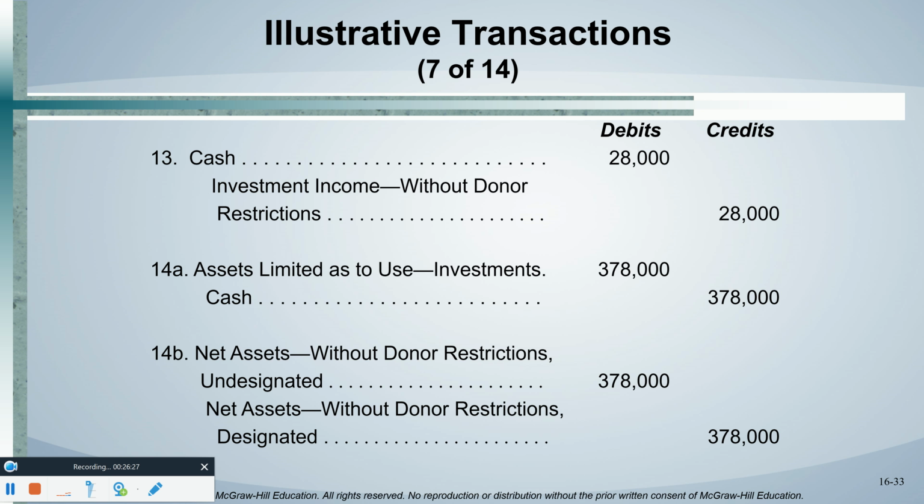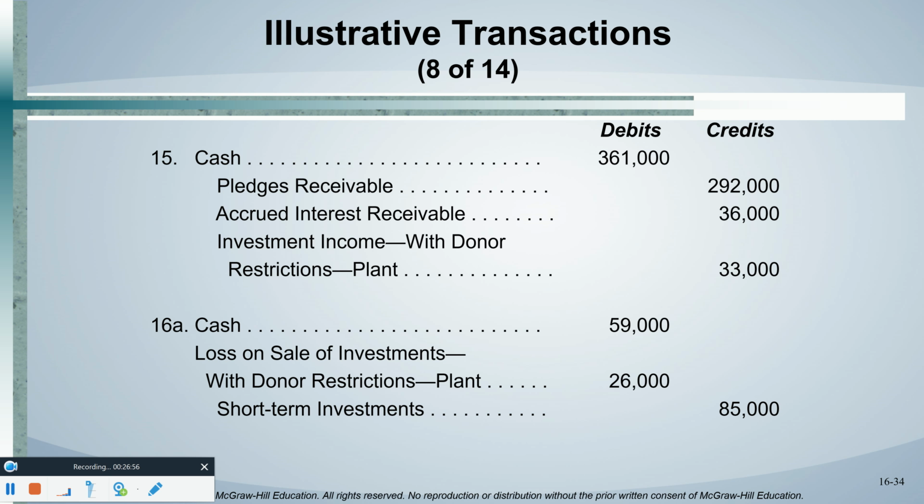Remember, designated and undesignated has to do with board action, has nothing to do with donors. So this has nothing to do with donors telling us what we can and cannot do. This is the board signing a contract, and because monies have been set aside, we're going to basically record them as designated instead of undesignated. These are basically sub-classifications of the net assets without donor restrictions.